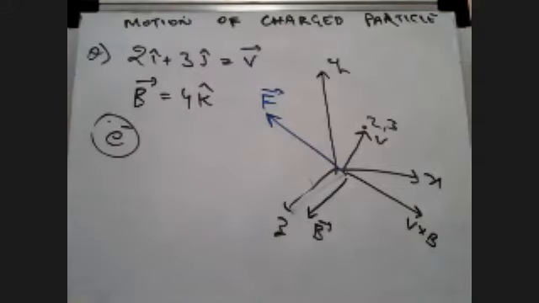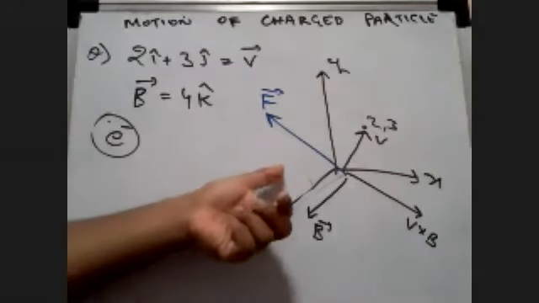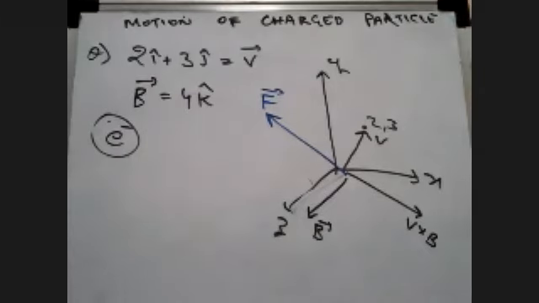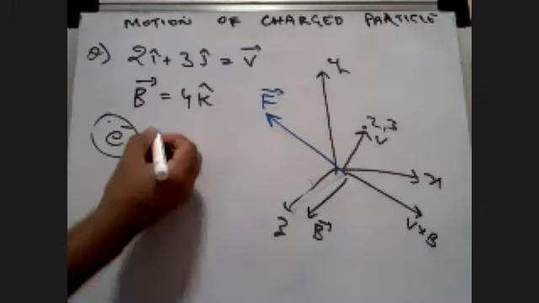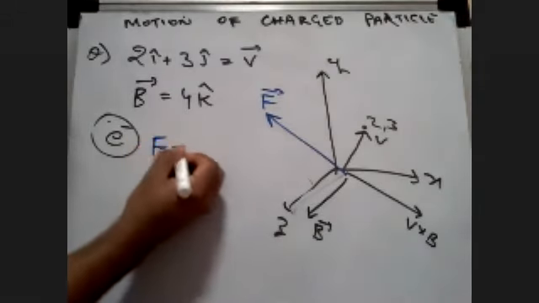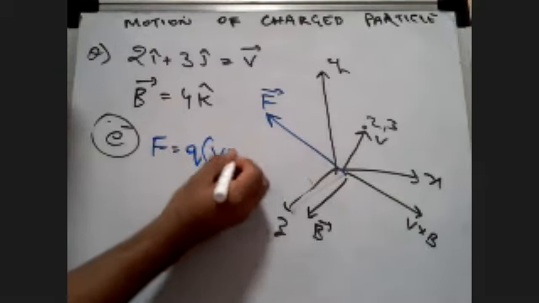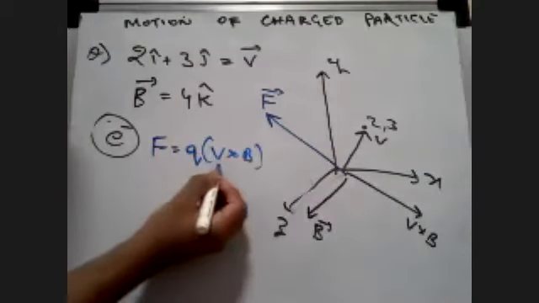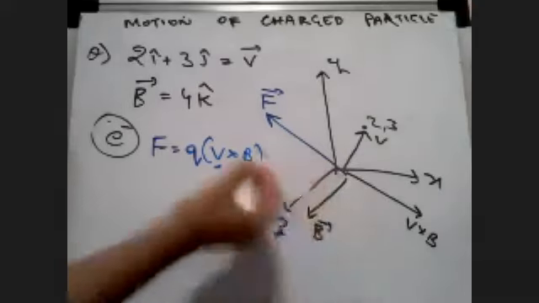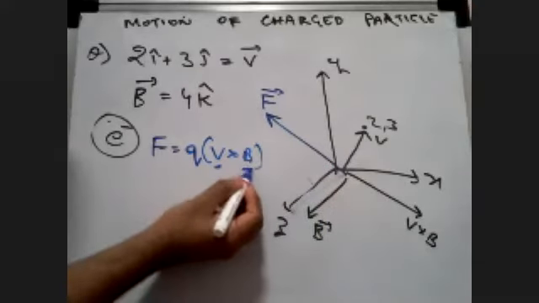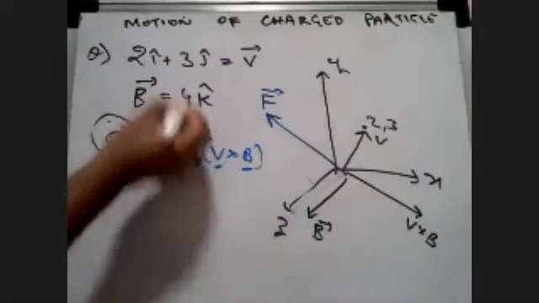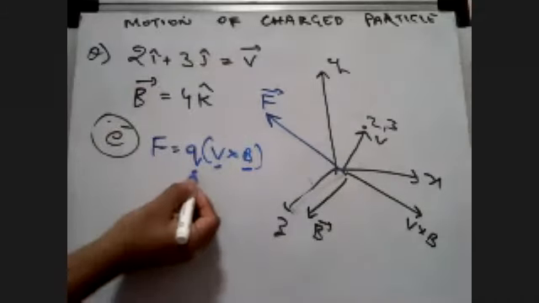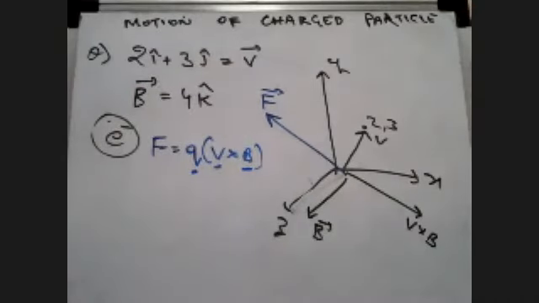Now we know that force is basically the relationship between what? Q, v cross b. You've been given a velocity which is constant here, and a magnetic field which is again constant in this direction, and there's a charge. So what will change, students? Will the angle change?